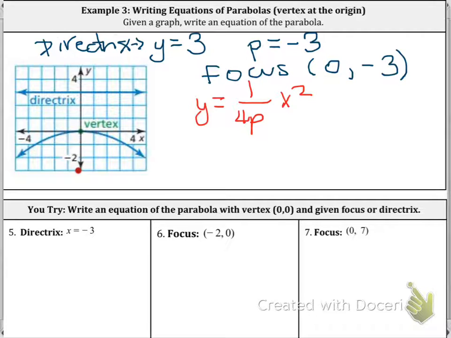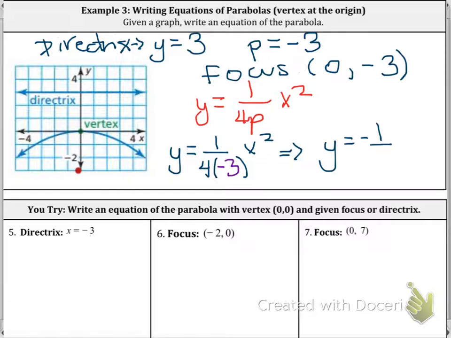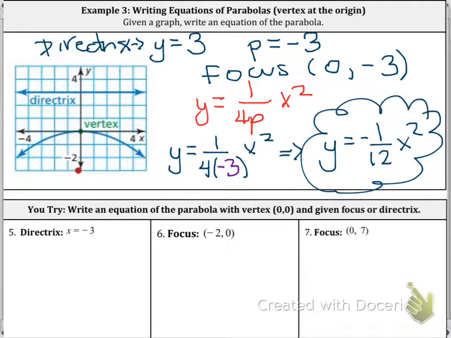So we have y equals 1/4 times our p-value, and our p-value again is -3, and then x squared. So our equation is y equals -1/12 x squared, and that is it.